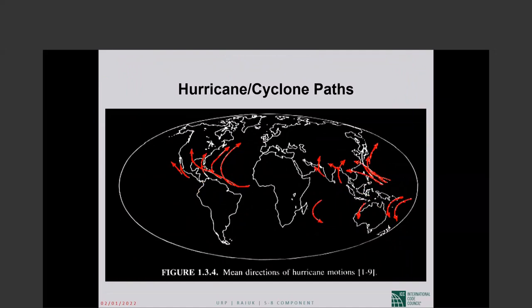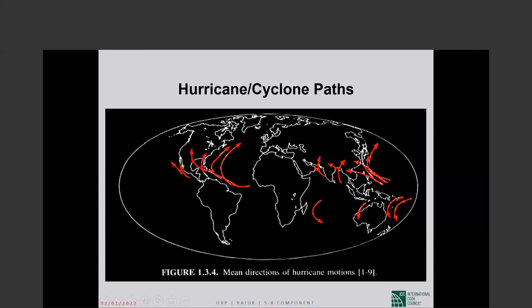Hurricanes or cyclones, on the other hand, like earthquakes, happen in some parts of the world, do not happen in other parts of the world. And that is what is shown on this map. In the United States, plenty of hurricanes on the east or Atlantic coast, but there are no hurricanes on the west coast, the Pacific coast.